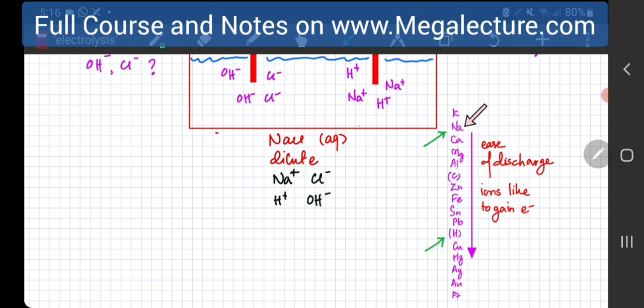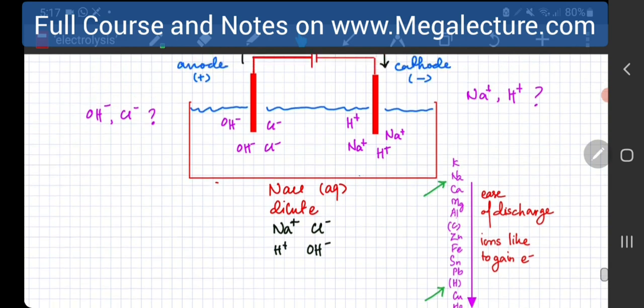Na does not like to gain electrons. Instead, it's a metal, it likes to lose electrons. Reactive metals always like to lose electrons. They like to form ions. They don't want to do the opposite, while the unreactive ones want to gain their electrons back again. They don't want to give electrons to anyone, so they want their electrons back. So we're going to go with H.